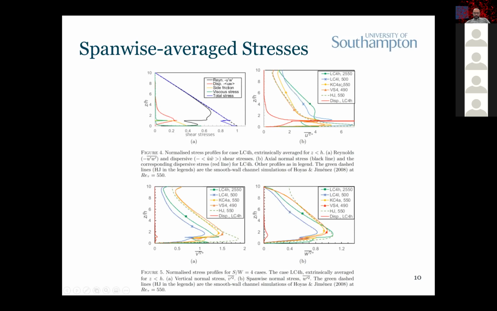And there are two things that I want to comment on. The first thing is that the stress profiles deviate quite significantly from the smooth channel. So the dashed green line is Hoyas and Jimenez smooth channel DNS. As you can see, around the rib height, which is 1 here in the vertical axis, and up to 2, twice the rib height, the deviation is noticeable.